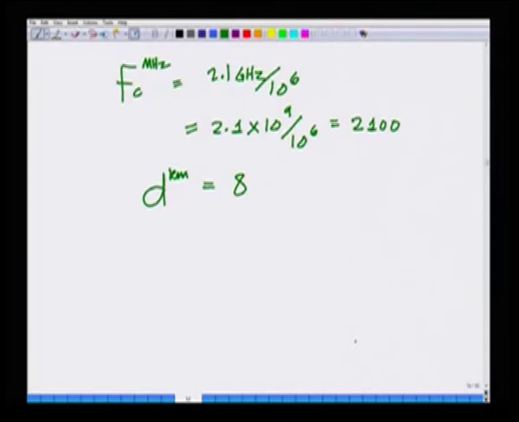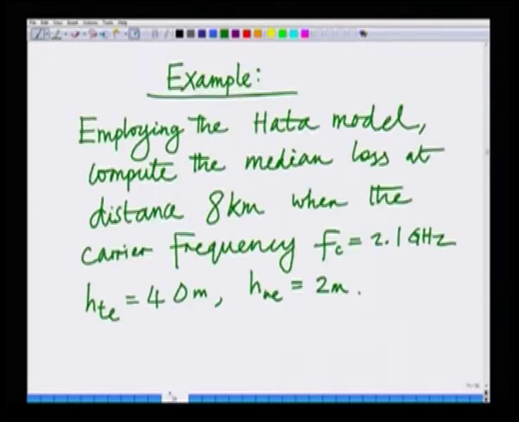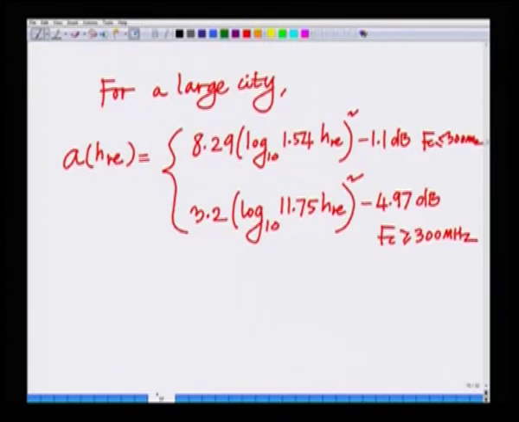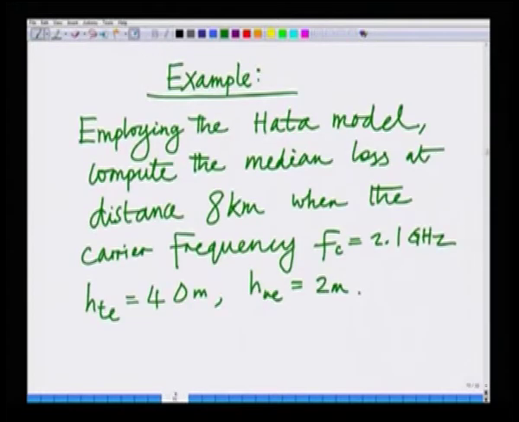We have the mobile antenna correction factor, and going back to this expression for the correction factor, we know that the carrier frequency is 2.1 gigahertz, greater than 300 megahertz. Also it is given that it is a large city, hence we use 3.2 log 10 (11.75 HRE) square.